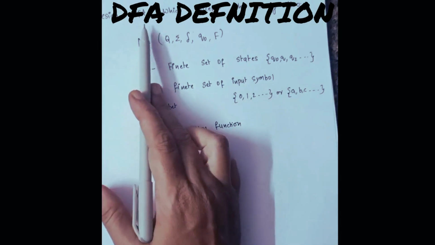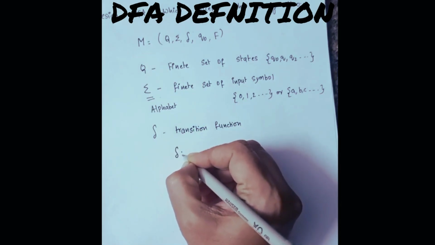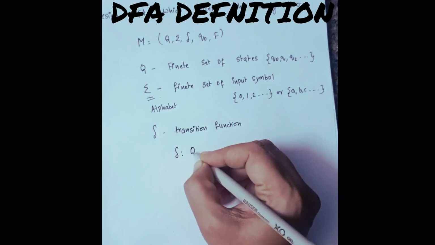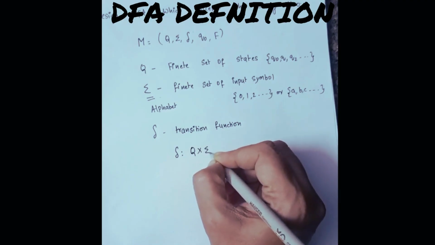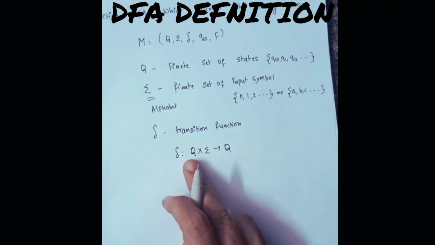In a deterministic finite automata, we represent the transition function as delta: Q cross sigma gives Q. What does this mean? Q is the set of states.